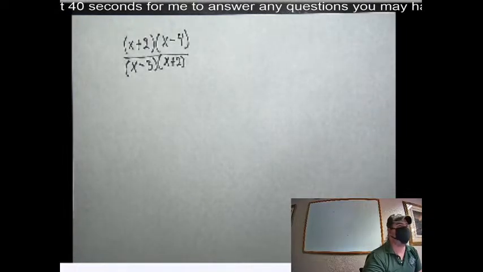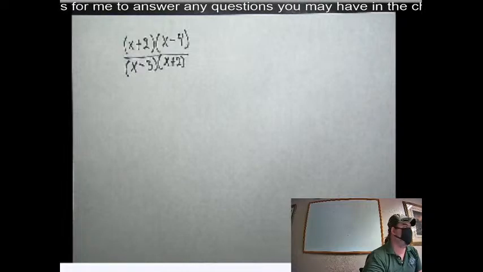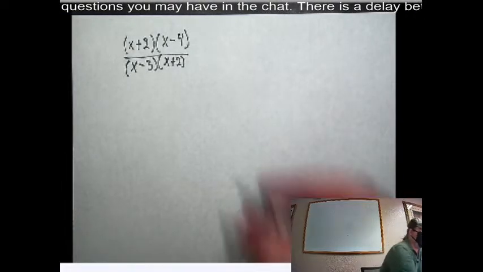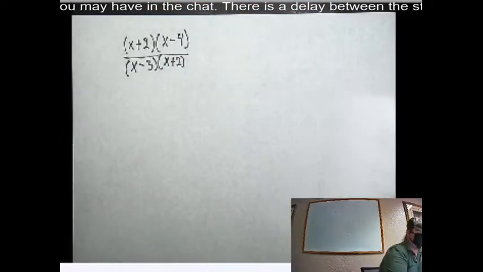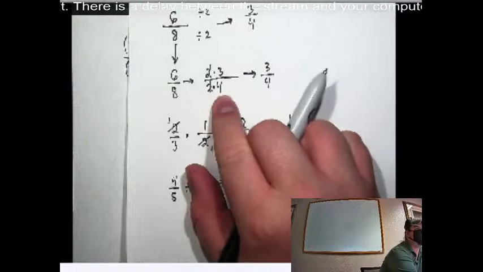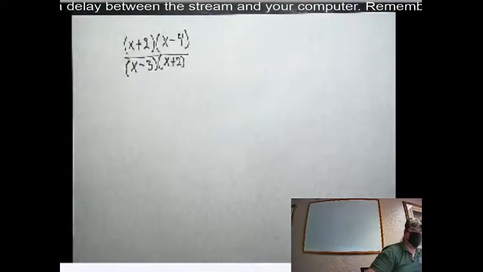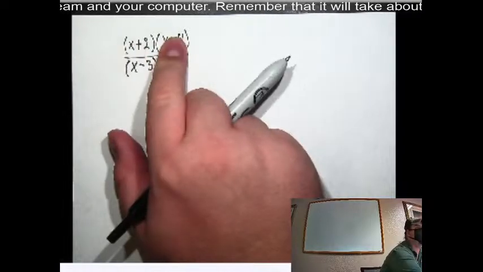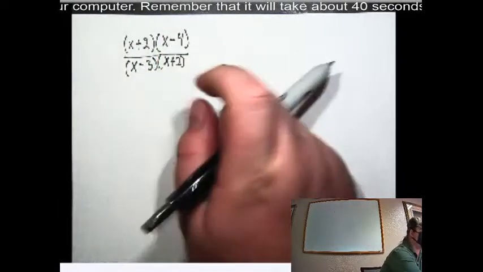So do we see any common factors here? Yeah. Just like before where we were saying that 6 is really 2 times 3 and 8 is really 2 times 4. Well, these are multiplying, aren't they? They're parentheses right next to each other. They are factors.